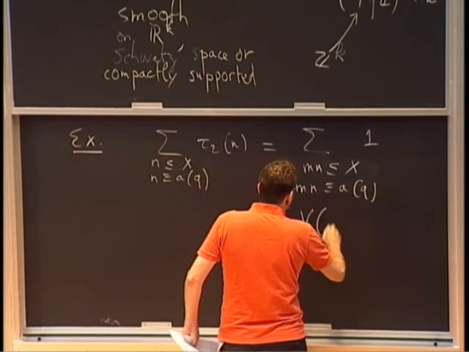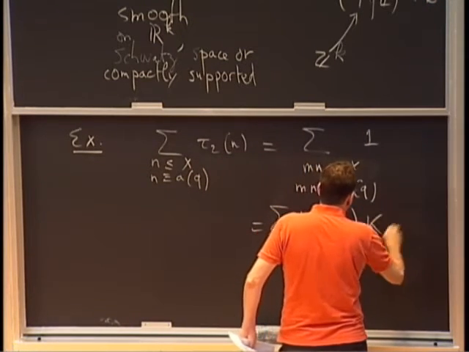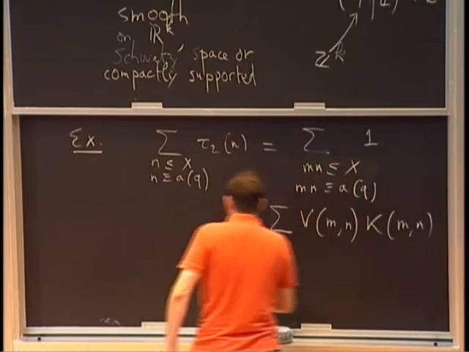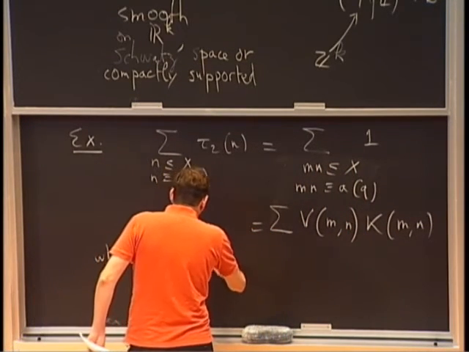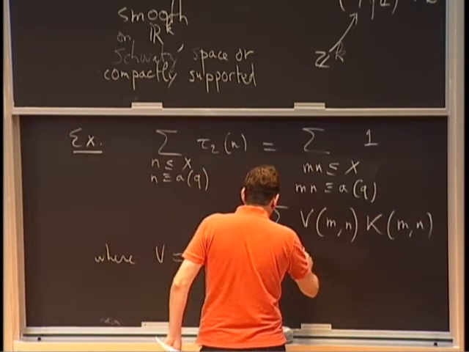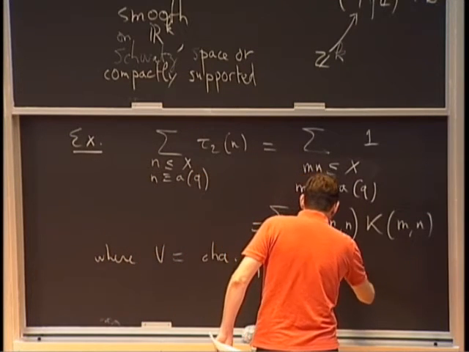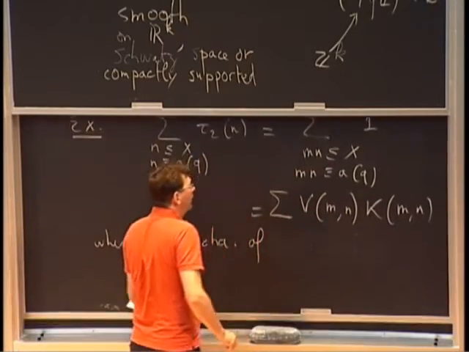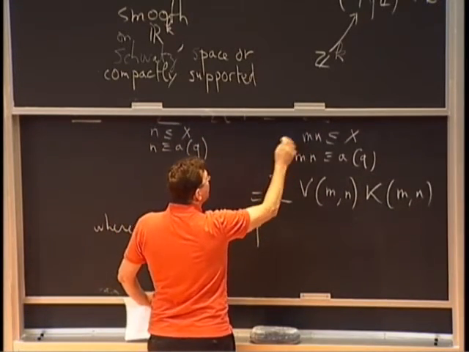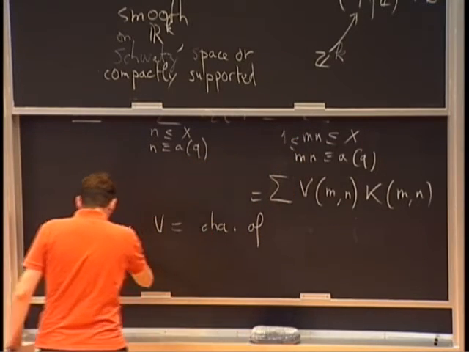So we view this as a sum with two variables M and N. V is the characteristic function of this condition. M and N are at least 1.